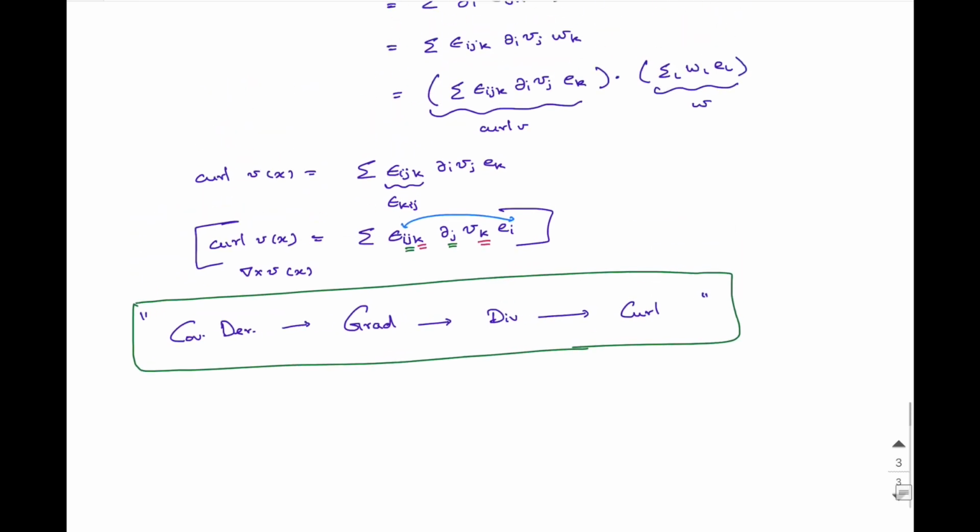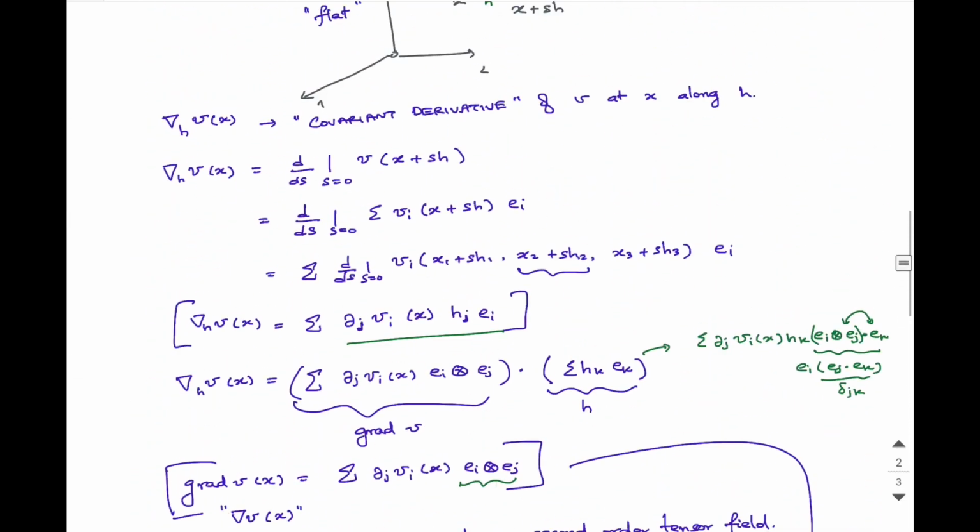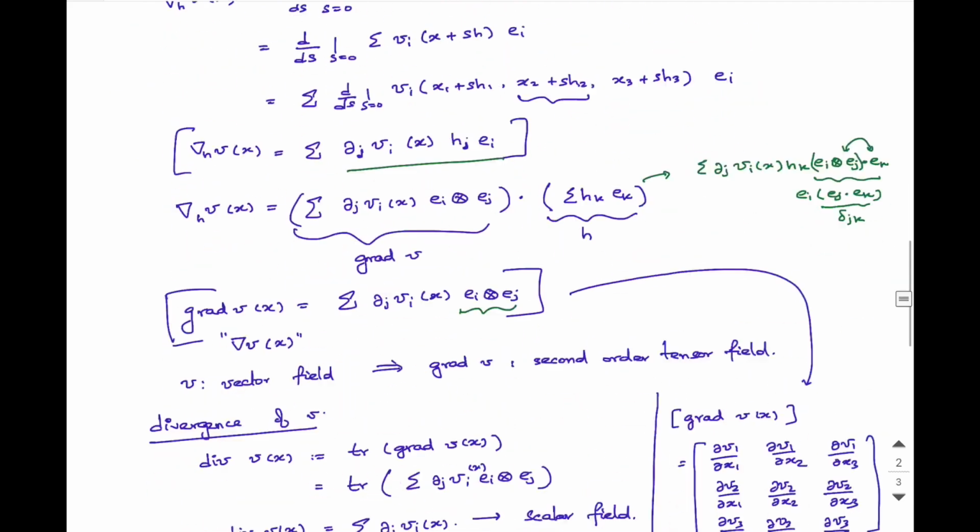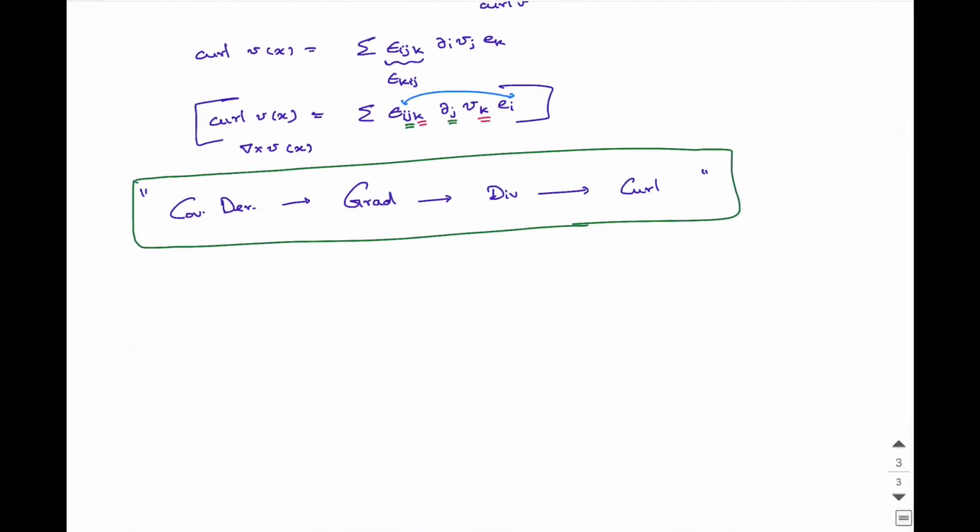Finally, before I close this video, I'll briefly outline how you can apply the same thing for a tensor field. Let's finally look at tensor fields. To keep the discussion simple, I will show the general definitions in the context of a tensor field of order k, but I'll work out the expressions only in the context of a second order tensor field, because it's much easier to follow the calculations.